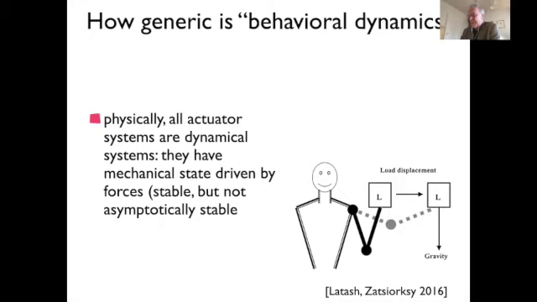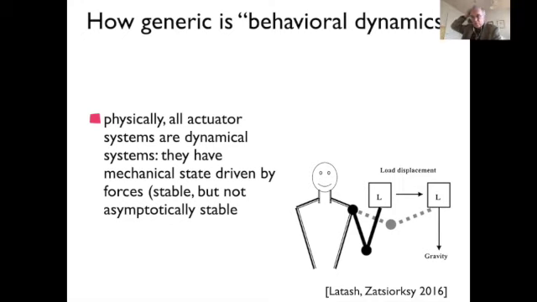So physically, all actuators that we have when we generate behavior, right? Behavior really means you move something. Maybe it's just your tongue when you articulate for speech, or your eyes, or you make very small movements, isometric force, and press on something and so on. But you do some physical action.